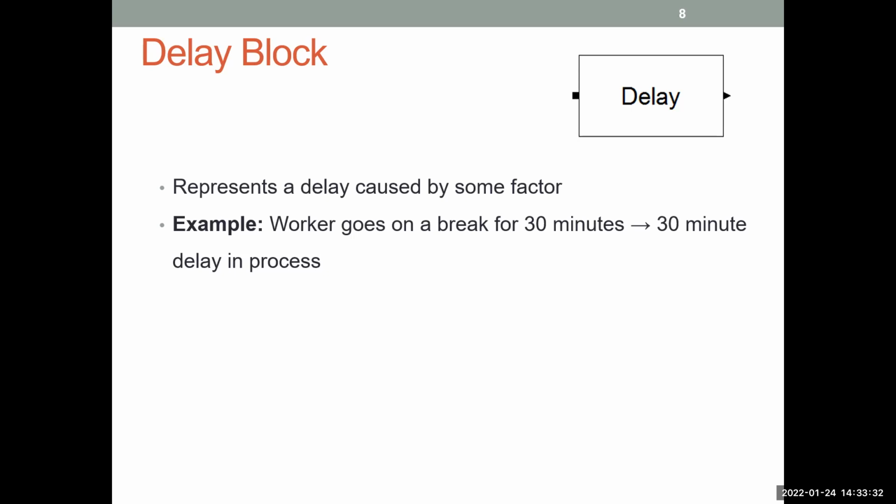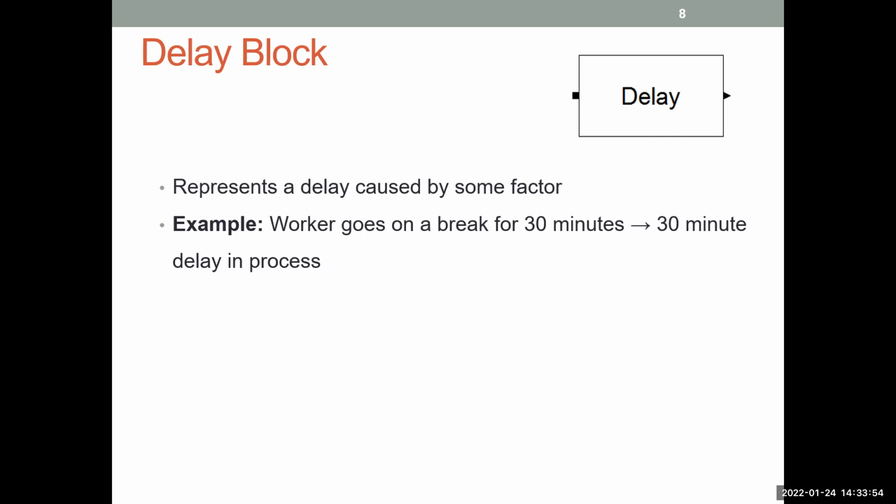So the seize is going to let the entity move to the delay. Delay is going to hold that part for this amount of time, which is modeling the processing. And then once that time is completed, the delay block is going to release that entity.